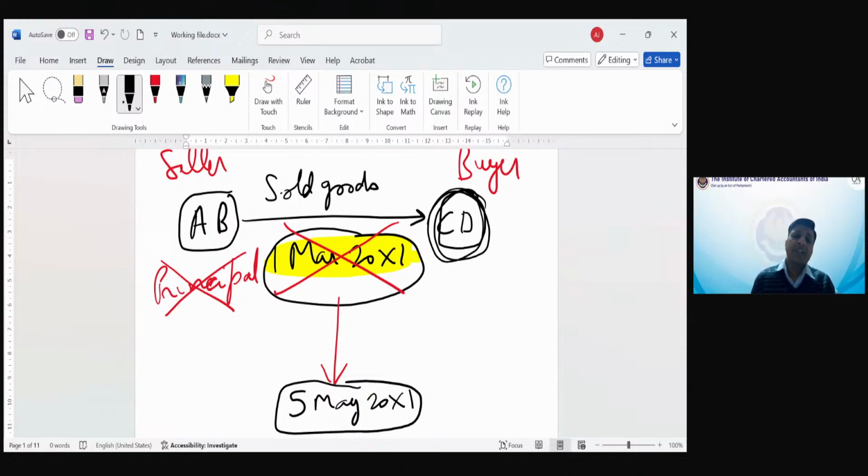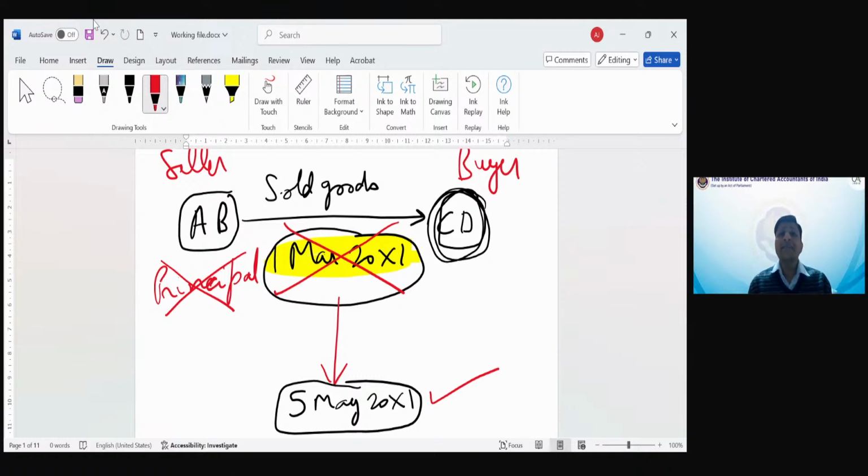So on 5th of May, revenue can be recognized, not before that. Everyone clear on this?